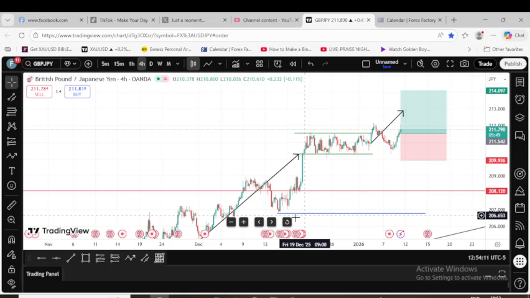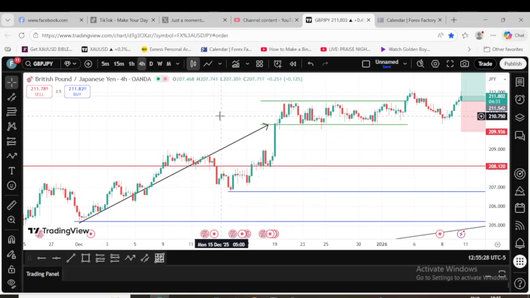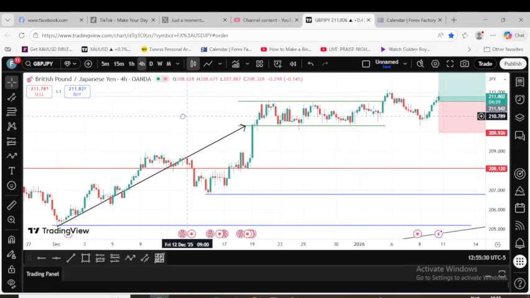So let's go down to the 1 hour time frame and see if we can reduce our risk.